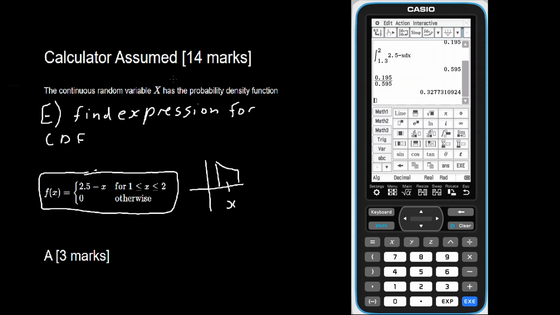If little lowercase f means that it's just the density function, the PDF, what we're going to say is this is now the CDF, so it's going to get a big capital F. And we're going to start from negative far on the left-hand side and just move it to x. Okay, and so this will be for F of x.